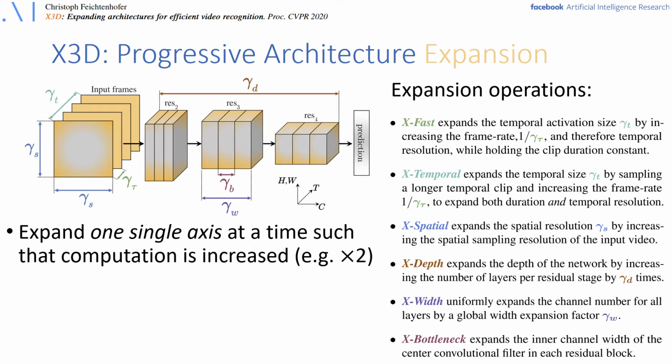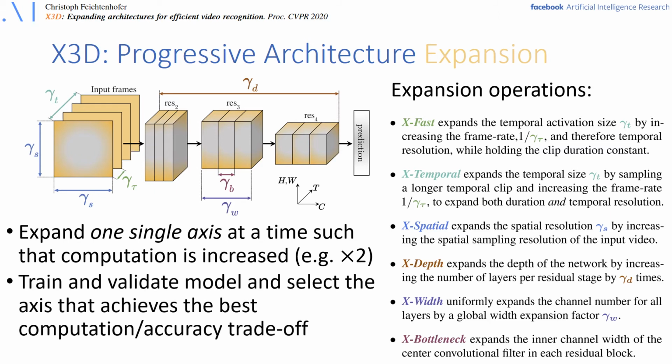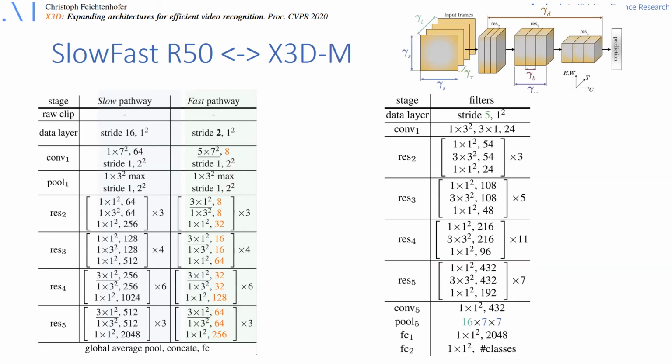And the idea of the expansion is to progressively increase the computation by, for example, 2x by expanding one axis at a time, then train and validate the resultant architecture, and select the axis that achieves best computation accuracy trade-off. The process is repeated until the architecture reaches a desired computational budget.